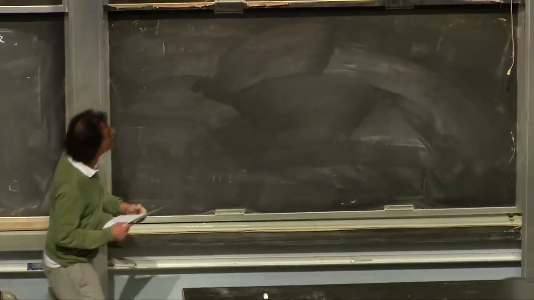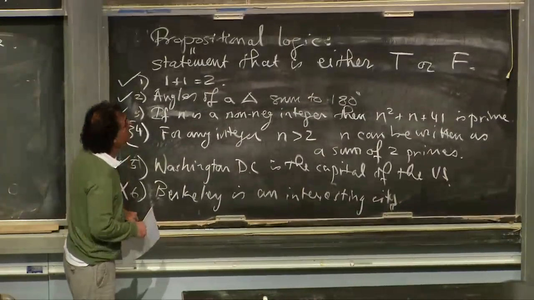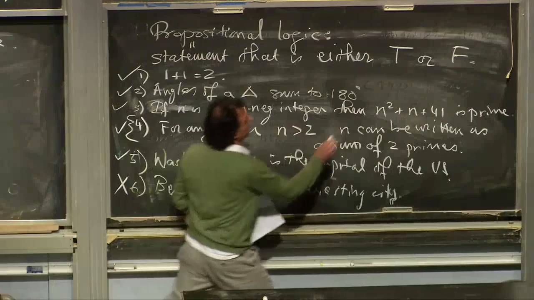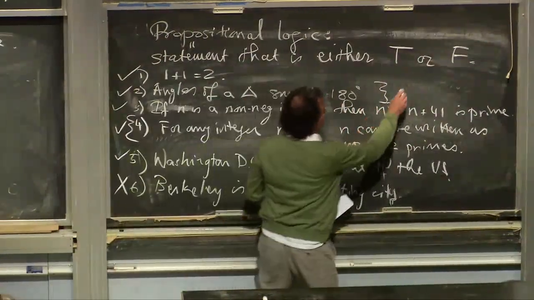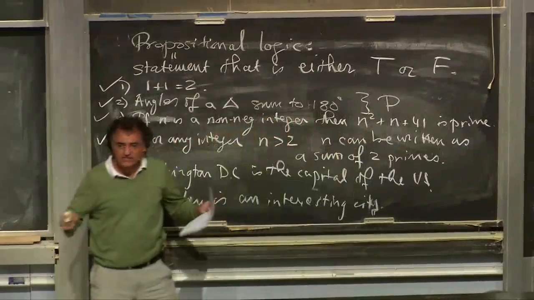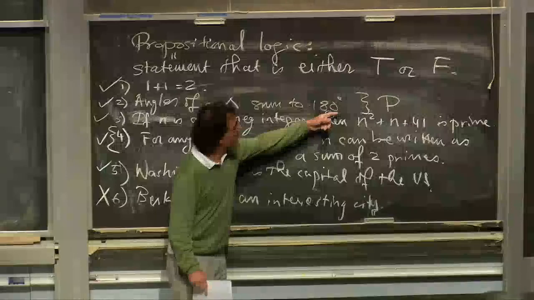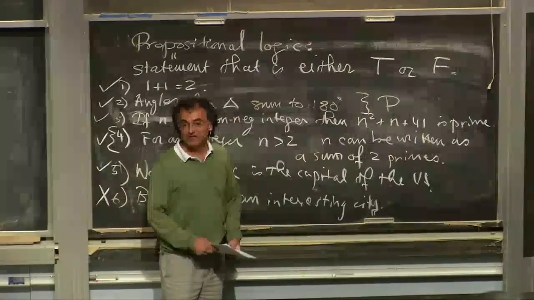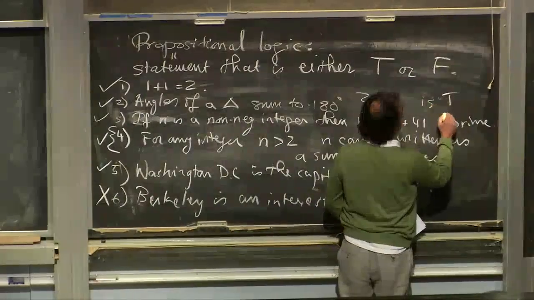Now, by the way, often what we'll do is when we write such a proposition, we'll call it by a name. So we'll say, this is the proposition P. P is a proposition. It says the angles of a triangle sum to 180 degrees. Okay? So now we could say P is true or P is false.